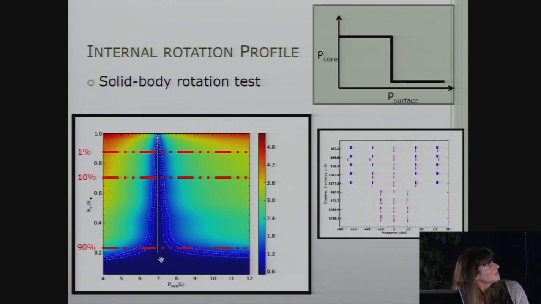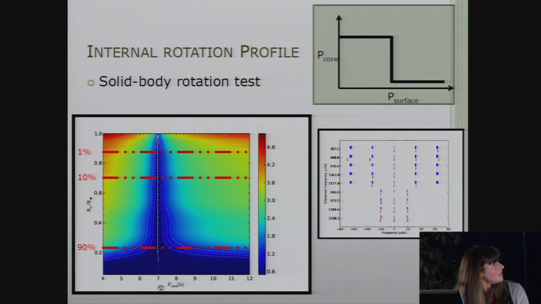A straight line represents a validation that it's solidly rotating. It's pretty straight to me, and we are going up to 20% of the radius of the star, which encompasses more than 90% of the mass of the star. So we can actually say that this star is solidly rotating.